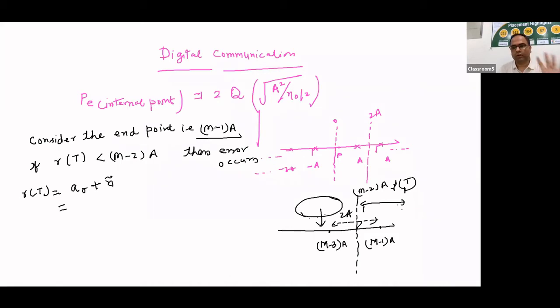This is fixed. So RT is m minus 1 into a plus n tilde, right?